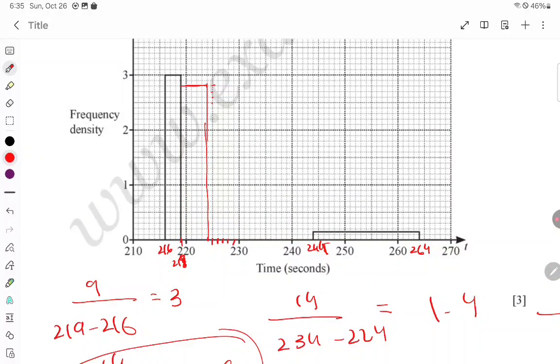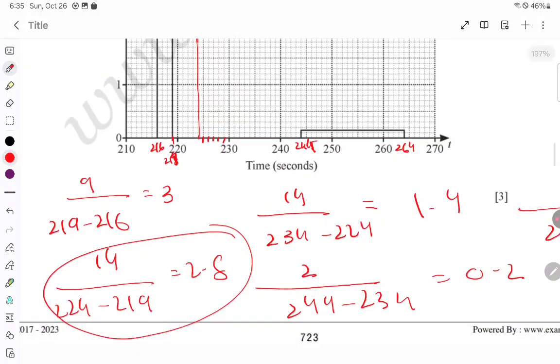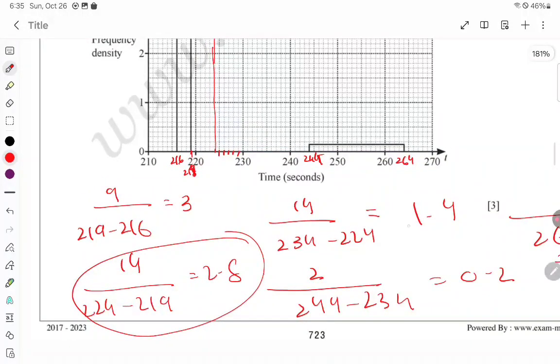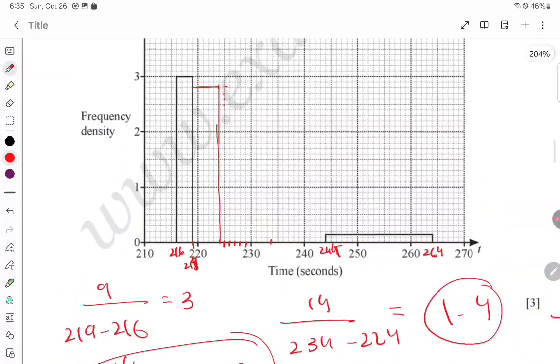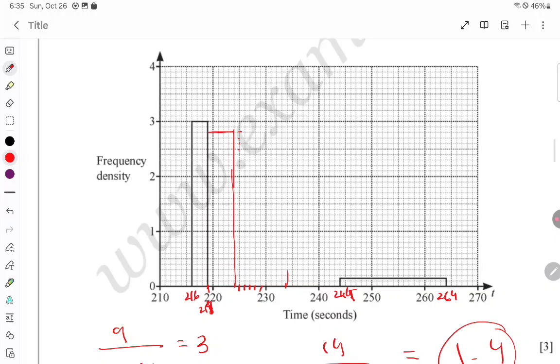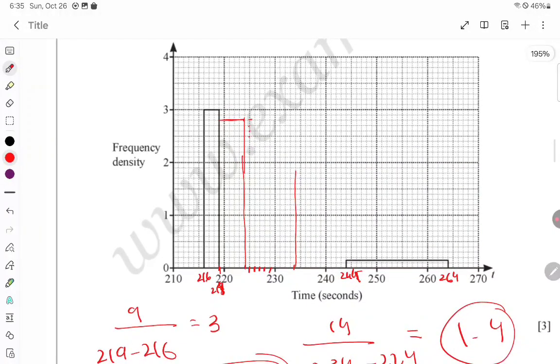Make the rest of it, and to complete this histogram, now for the 1.4, the range is 224 to 234. This is our 234. For 1.4, make the rest of it.